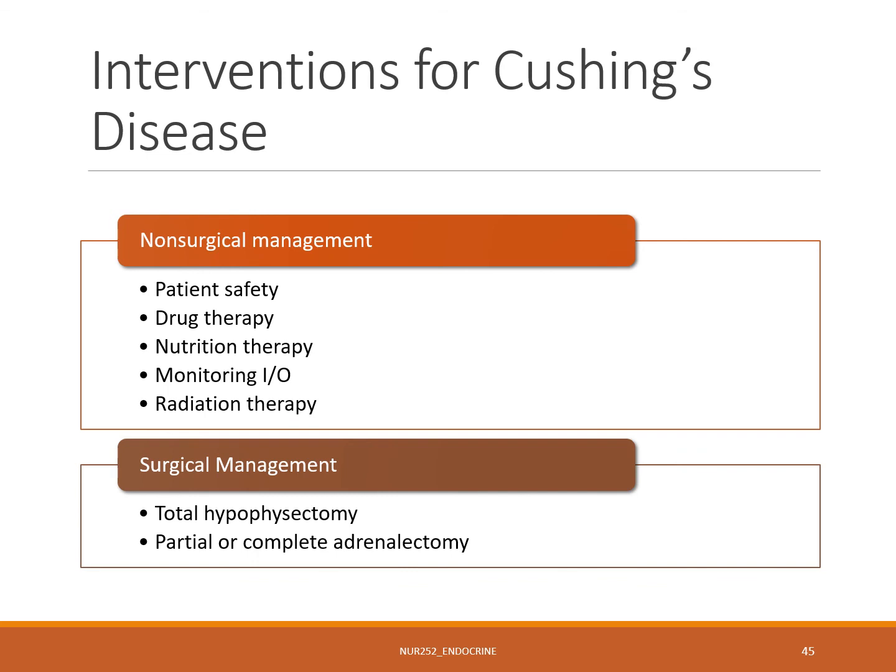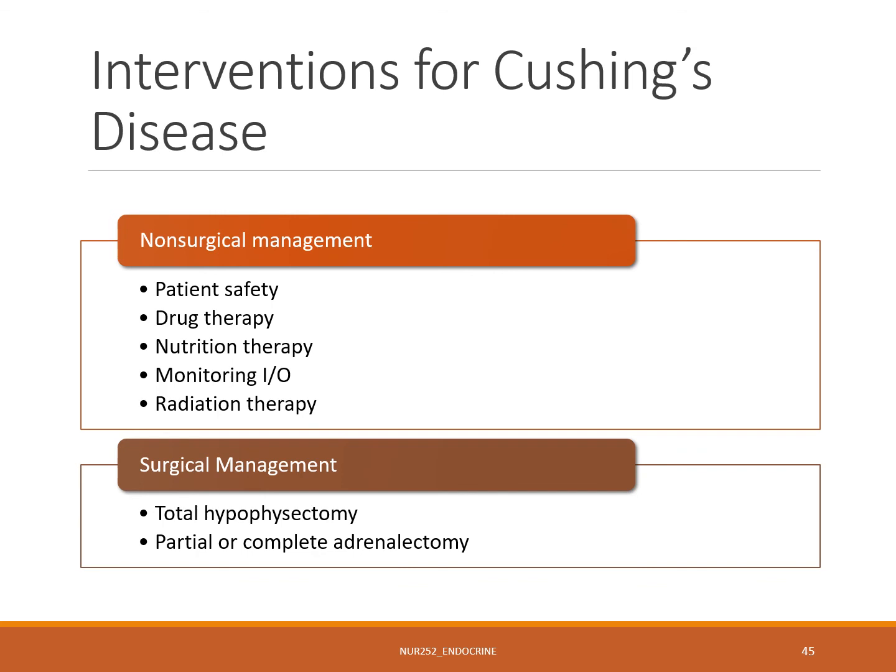Nutritional therapy will include restriction of fluid and sodium intake. Intake, output, and frequent weights provide information regarding the efficacy of this therapy. Radiation therapy is often used to treat hypercortisolism caused by pituitary adenomas. However, this is not always effective and may destroy significant amounts of healthy tissue.